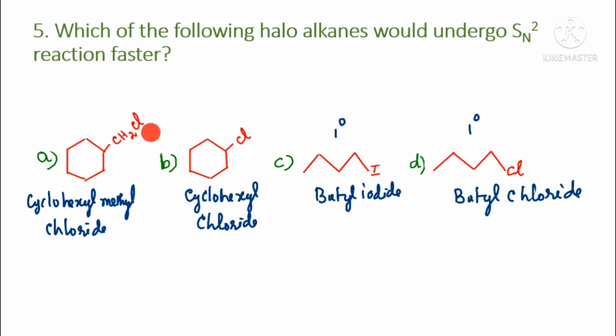Here we have Cl, here Cl, and here we have I and Cl. Compound C, butyl iodide, will undergo the SN2 reaction fast because iodine is a better leaving group, as it can accommodate the electrons furnished by the alkyl halide while iodine is leaving. So this is the compound which can undergo the SN2 reaction very fast.